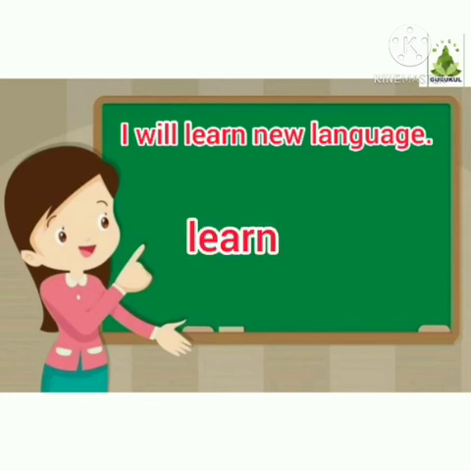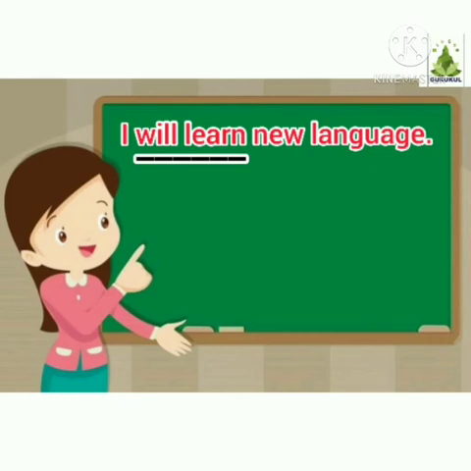Remember that to form simple future tense, always use the helping verb will or shall before the base form of the verb. By observing the words will learn in the sentence, you can easily identify that this sentence indicates simple future tense.